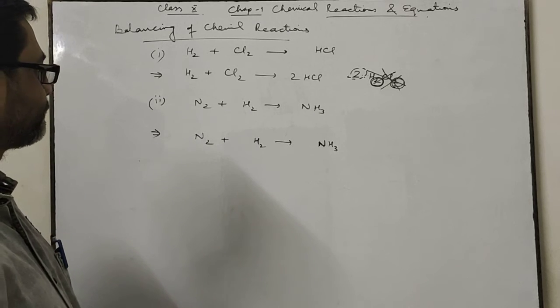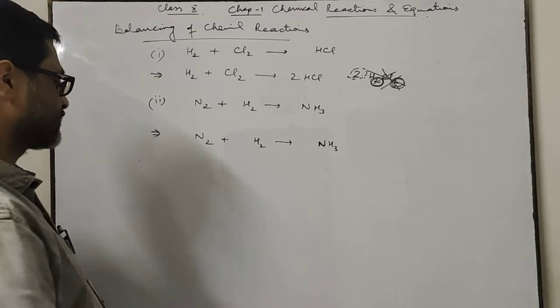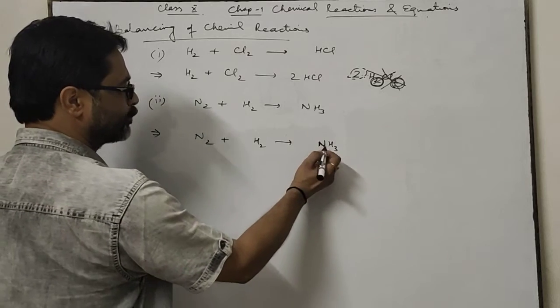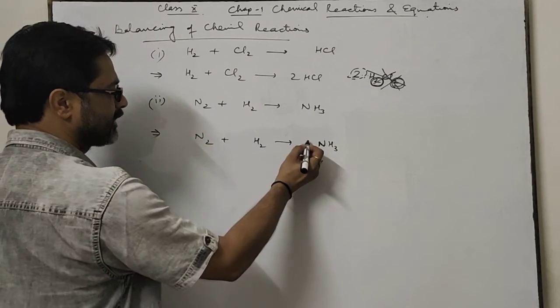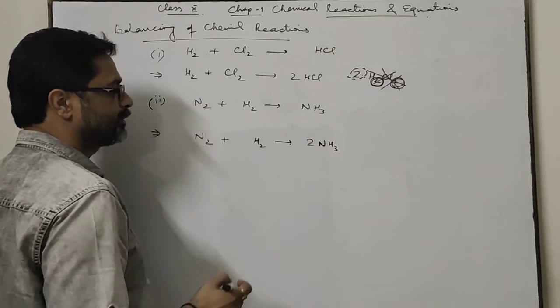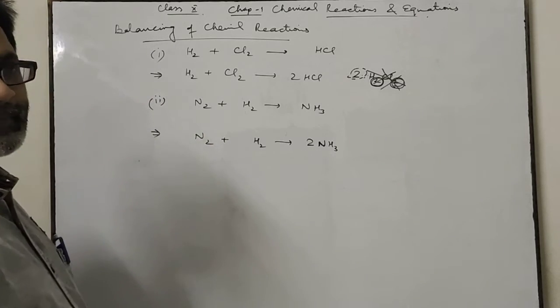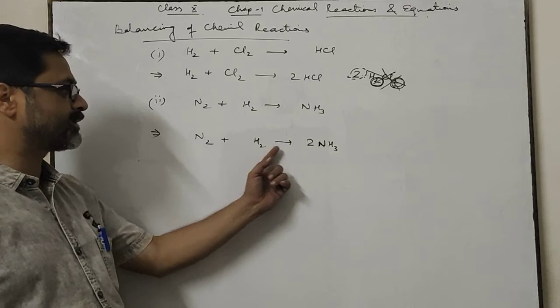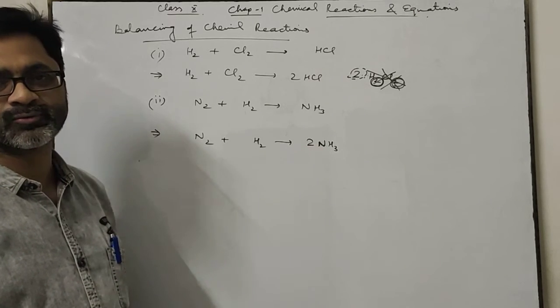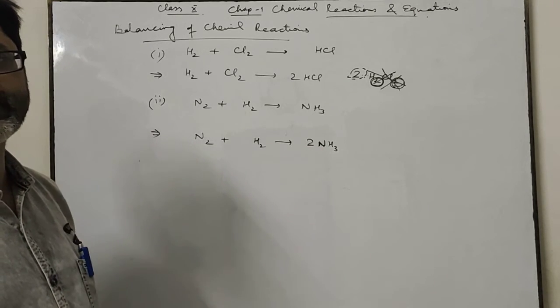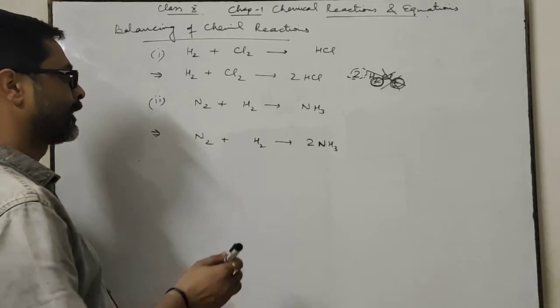What can you do? To balance this, you know that we can't change the subscript. We write 2 here. If we write 2 here, then nitrogen becomes 2 on both sides. This means nitrogen atoms become equal on both sides.